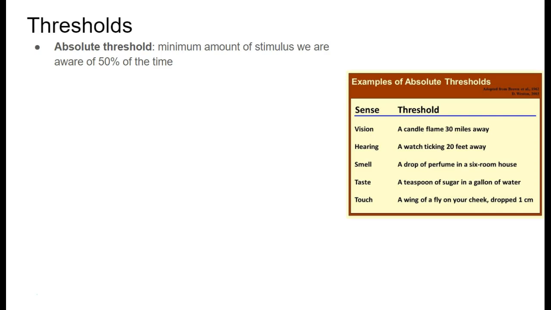Hearing, you can hear a watch ticking 20 feet away, again, if it's silent. Smell, a drop of perfume in a 6-room house. Taste, a teaspoon of sugar in a gallon of water. And touch, a wing of a fly dropped 1 centimeter onto your cheek. So that's kind of the basic minimum that you need as a human in order to sense something.